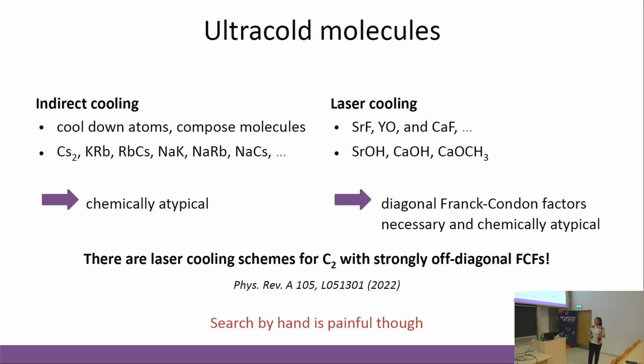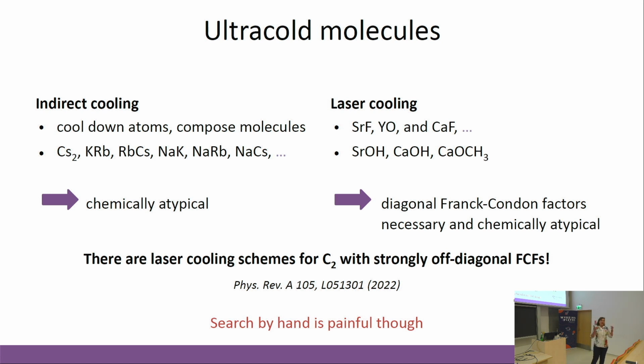And as Sebastian already hinted, his group actually found laser cooling schemes for carbon dimer and also for OH+. Both of those species have strongly orthogonal Franck-Condon factors, which basically begs the question: how many more molecules are actually laser coolable if we remove our, let's say, biases?